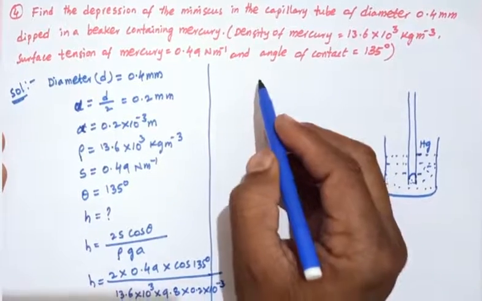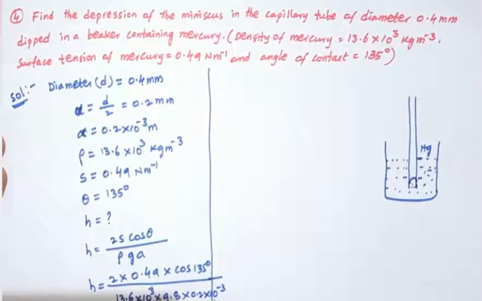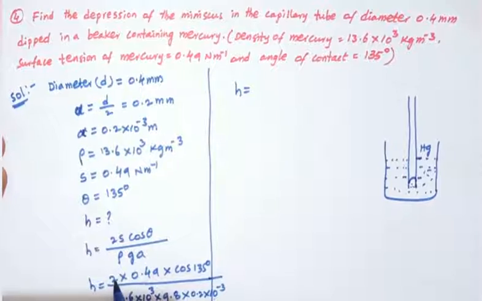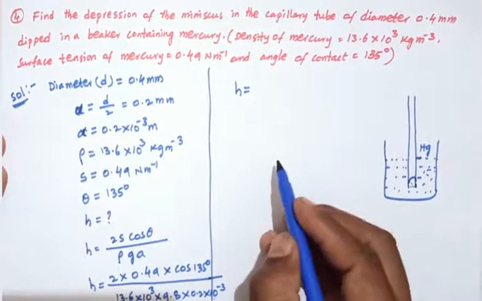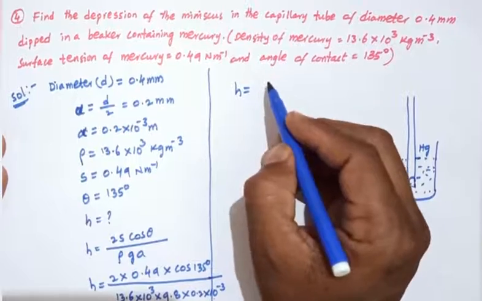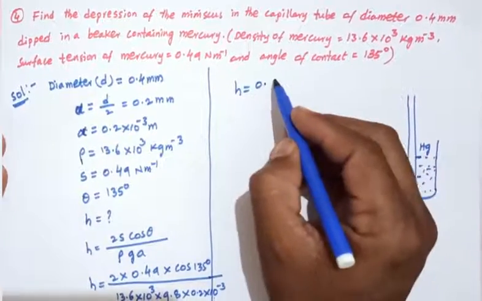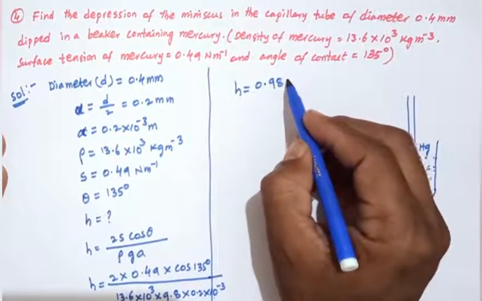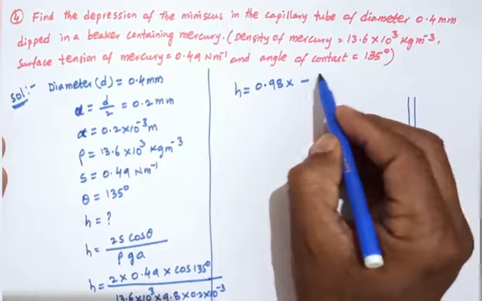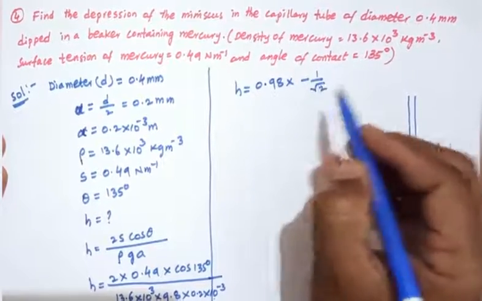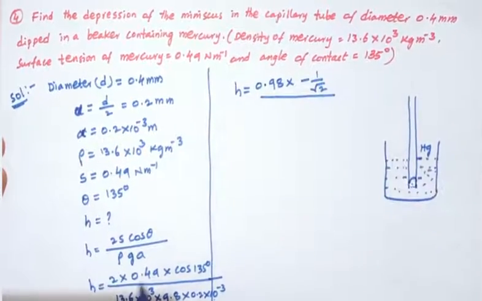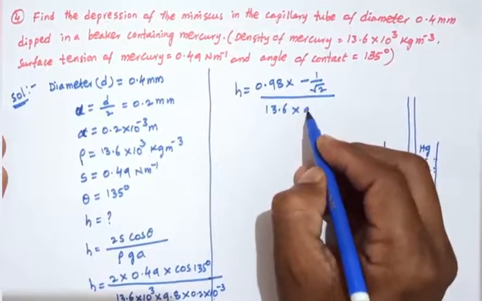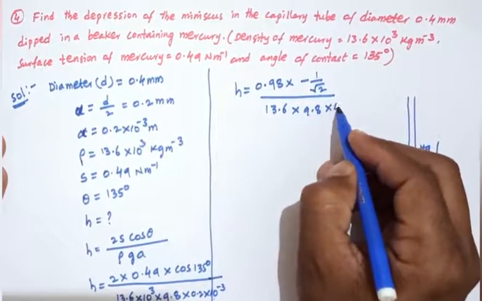So 10 power minus 3, 10 power plus 3, then H equals 2 into 0.49, so it is 0.98 into cos 135 value, which is minus 1 by root 2, divided by 13.6 into 9.8 into 0.2.